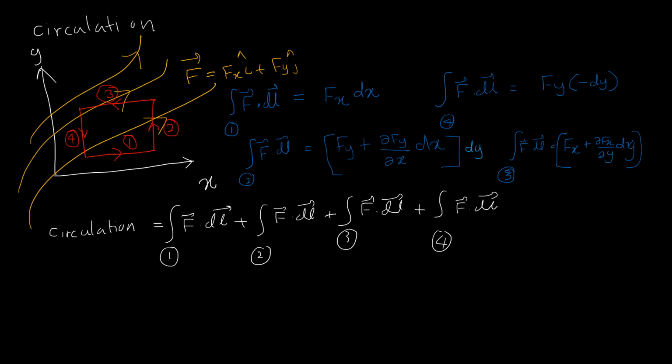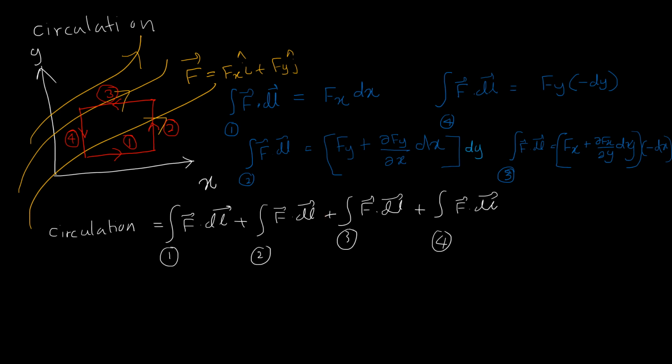Now the length of the path will be dx. However, using the sign convention, it will be minus dx, because these two arrows are pointing in different directions. We have taken this direction as plus dx, and this direction has to be minus dx.